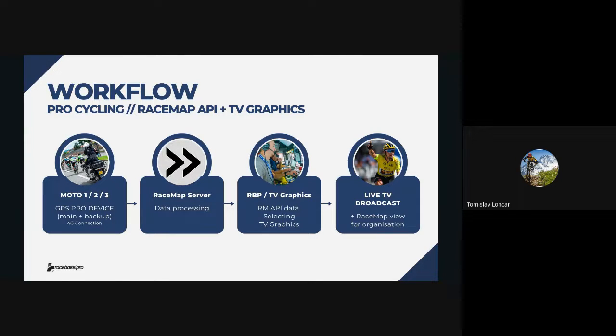Through parameters, which is crucial for us, we get the data through our control center, and our TV graphics read that API. Sometimes, as Conrad mentioned in the examples before, we need to select which one we want to show as leader, and our TV graphics team processes that graphics live for the TV broadcast.